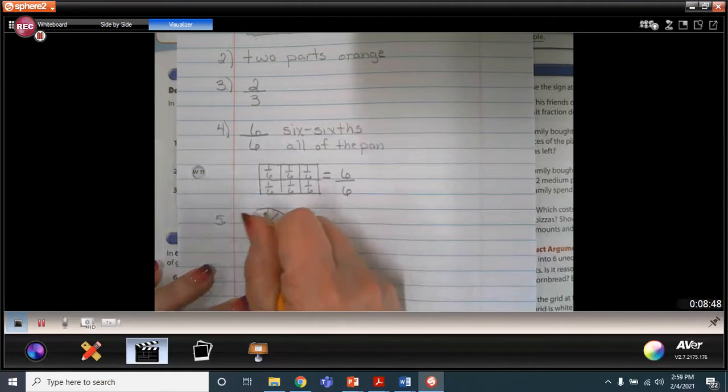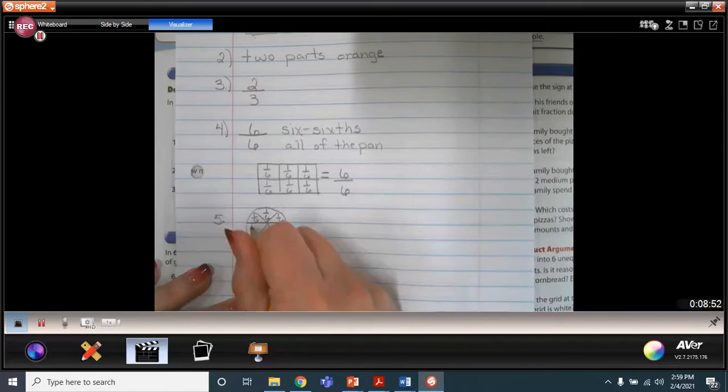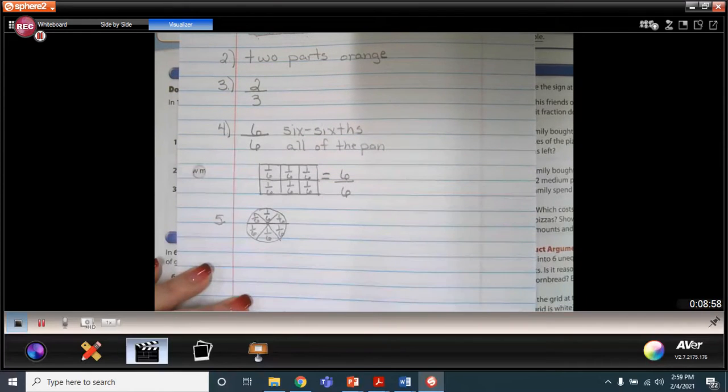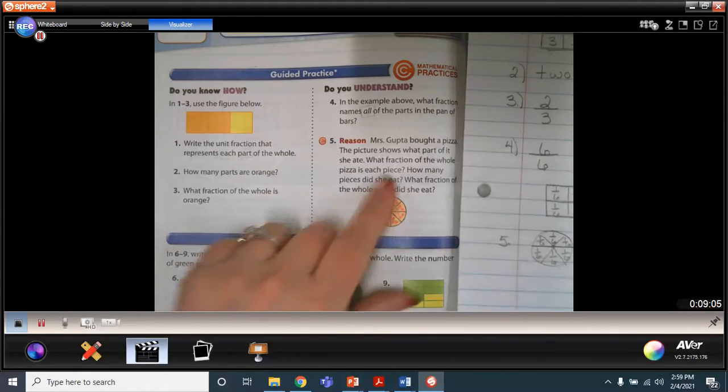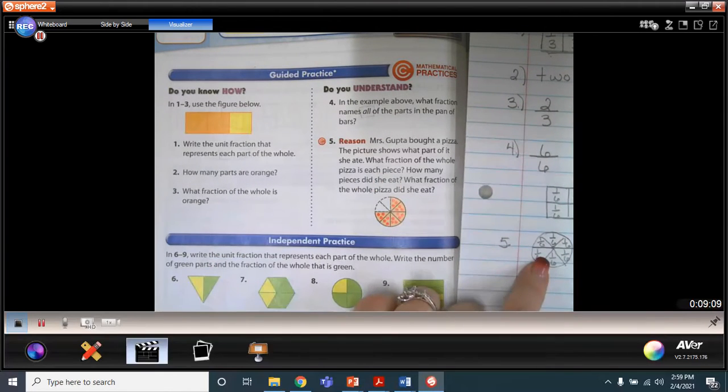Well, I would name each one of these pieces 1/6. Because each one of these is a piece of the 6 pieces. One of the 6 pieces. Now, that's my first question. So each piece is 1/6.